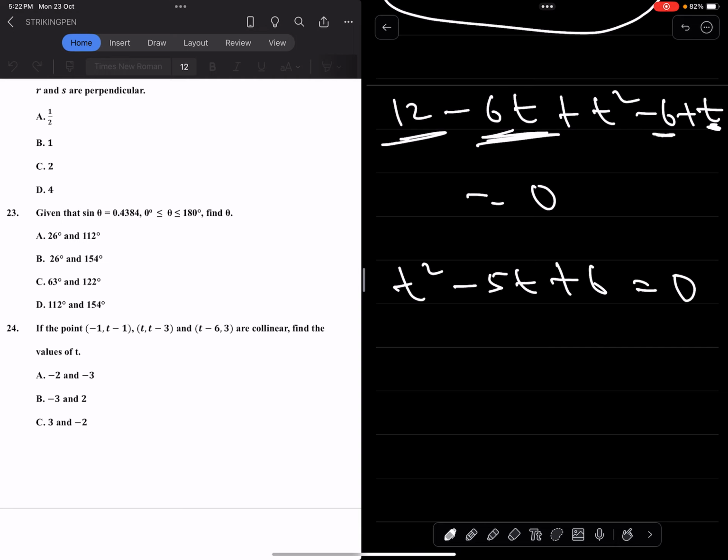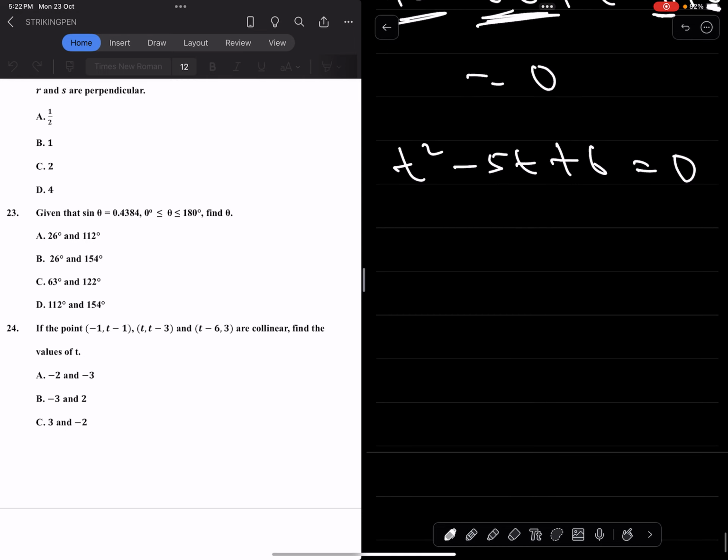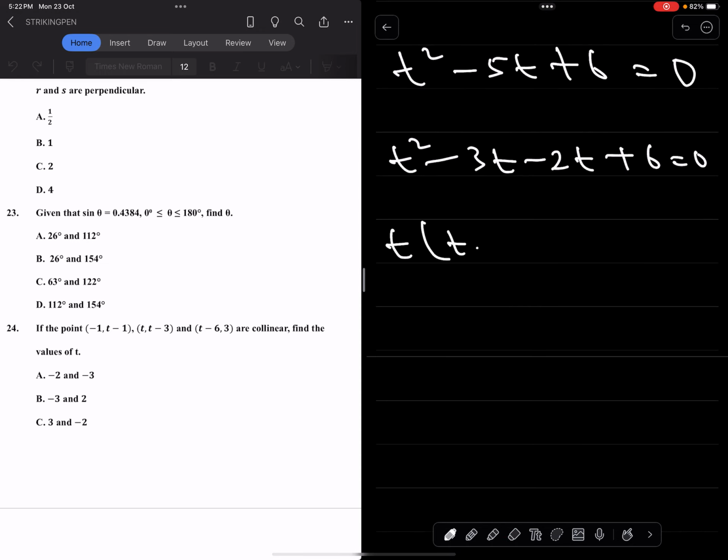I will solve this quadratic equation by the factorization method. That simply means t squared minus 3t minus 2t plus 6 equals 0, which simply means t into bracket t minus 3, minus 2 into bracket t minus 3, equals 0.